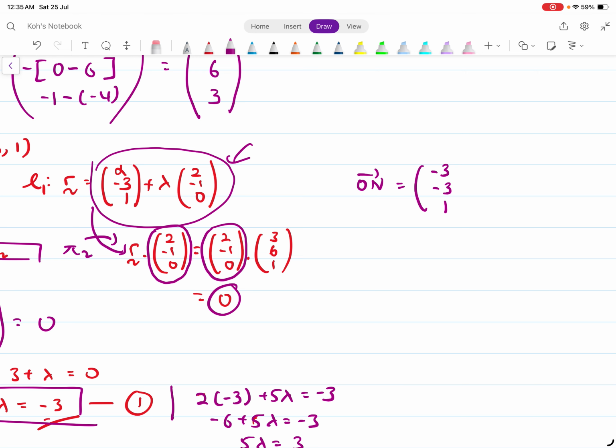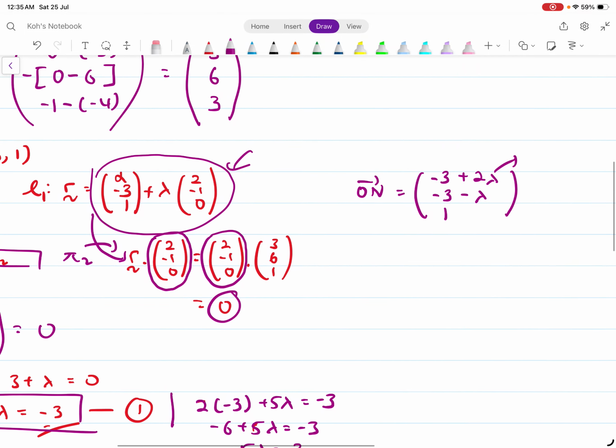Then of course plus 2 lambda, I just write in terms of lambda first, minus lambda, 0, plus 0. So the lambda we actually found to be 3 over 5. So this 3 over 5, this is 3 over 5. So this will give you minus 3 plus 6 over 5. So this minus 3 minus 3 over 5. Then this is 1. So this will be the so-called the foot of perpendicular.